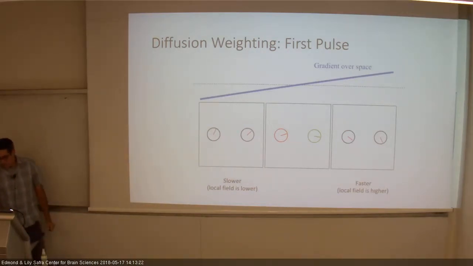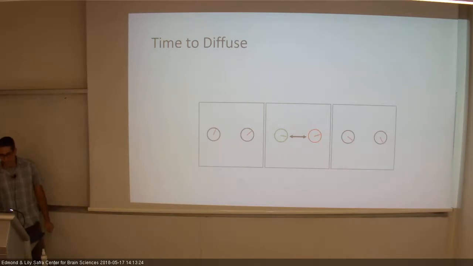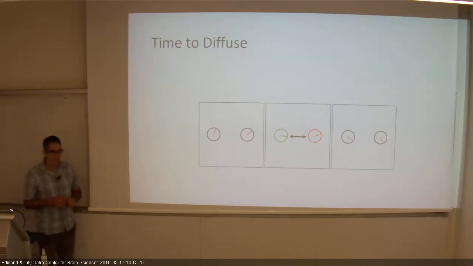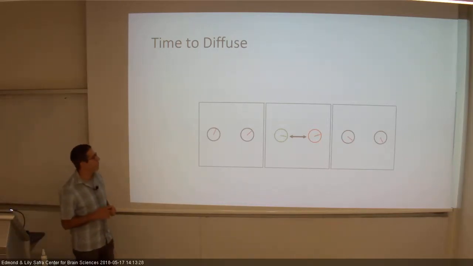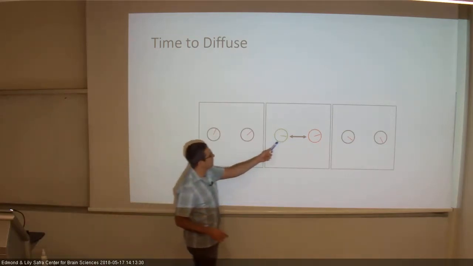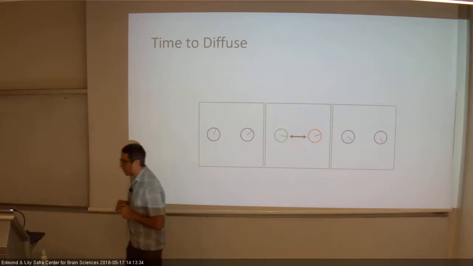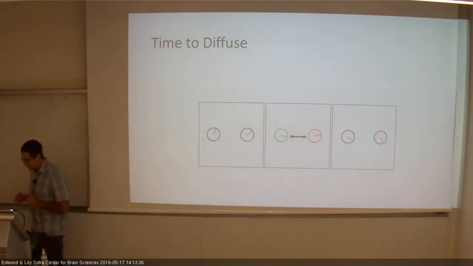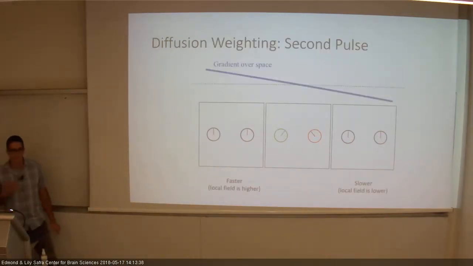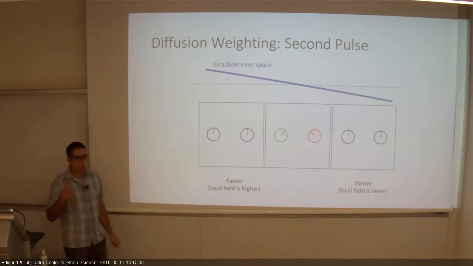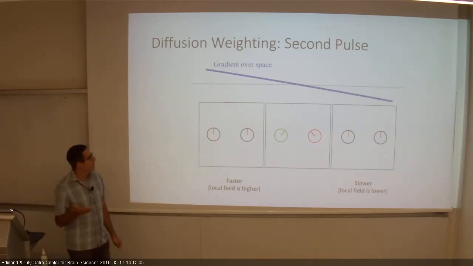And now let's think that I will give it some time. Some of them will diffuse, some of them won't. Let's say in here there's a lot of diffusion. Some of them are just going to move, and they're now in a different voxel. So now when I'm rephasing them by creating the opposite gradient, I will have a reduction.